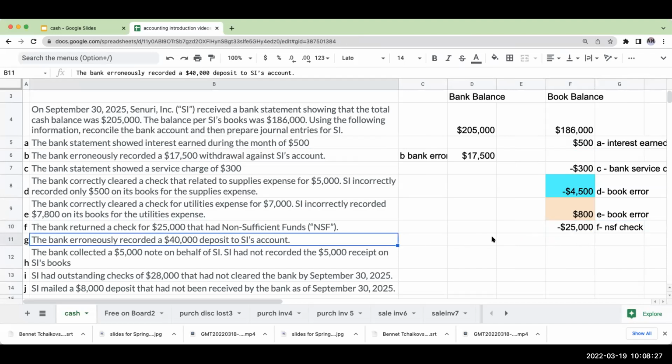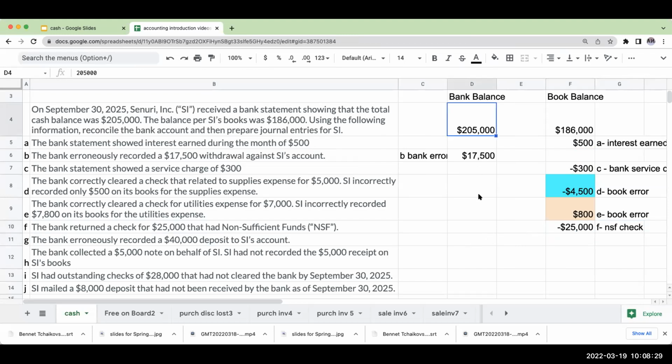Letter G, the bank erroneously gave me 40,000 bucks. So unlike this, where they deducted 17.5 and then I added that back, in this case the bank gave me $40,000 that they should not have. So what I'm going to have to do is reduce the bank balance by 40,000. And this is my bank error.